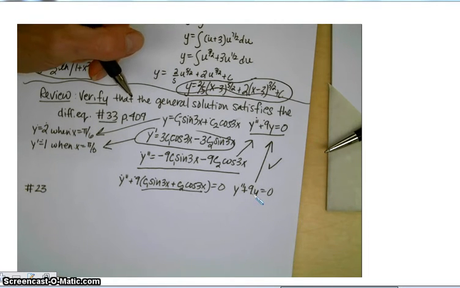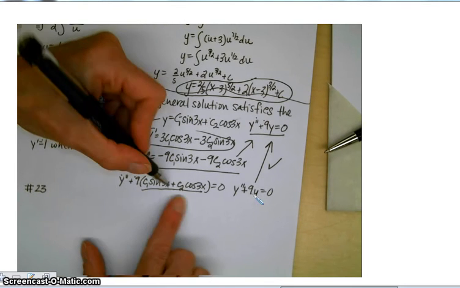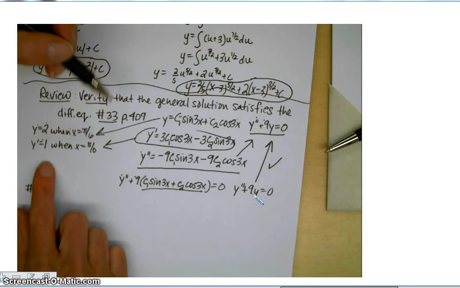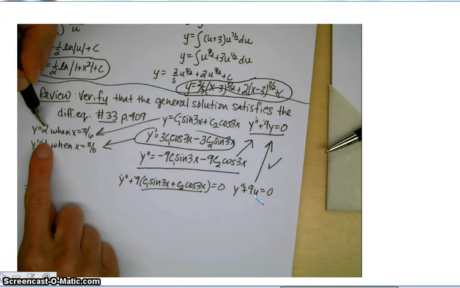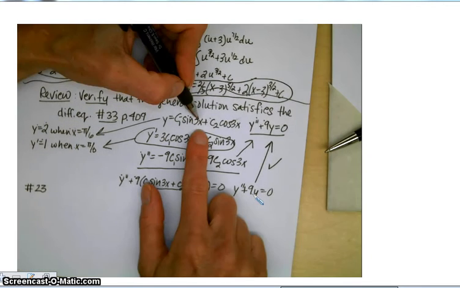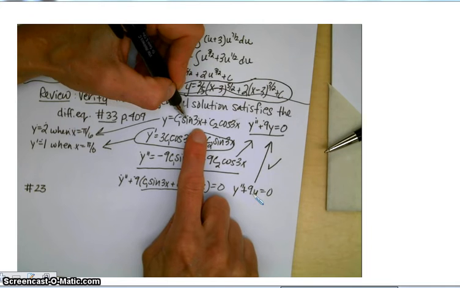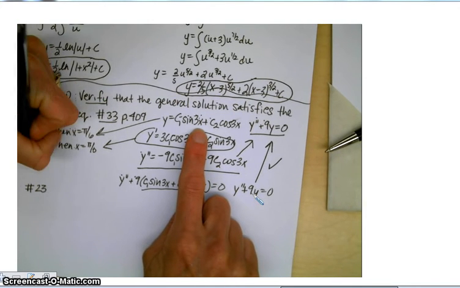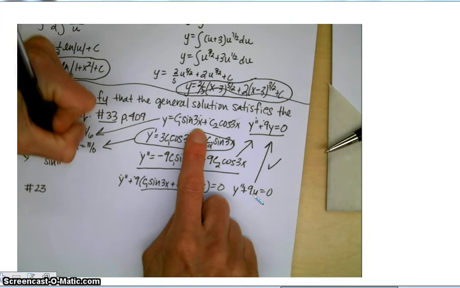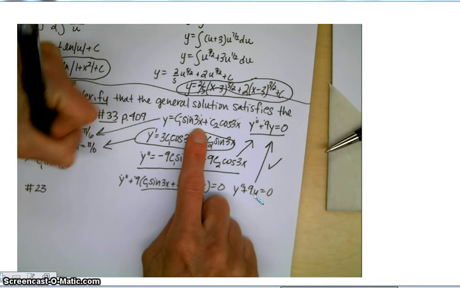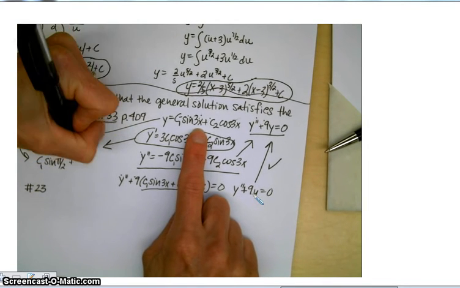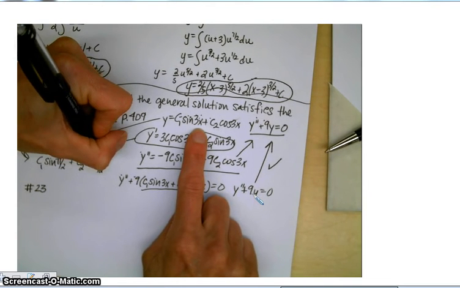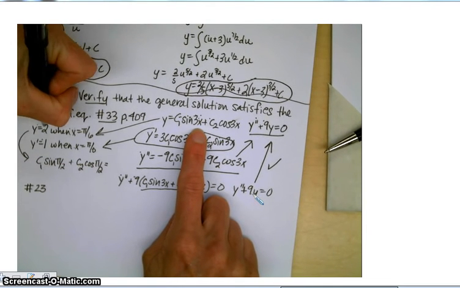Another thing I could do is plug in my c1 and c2, or try to find those, but we'll do this the other way. So y is 2 when x is pi over 6. If I put pi over 6 in here, I've got 3 times pi over 6, I will have c1 times the sine of pi over 2 plus c2 times the cosine of pi over 2, and that should equal 2.